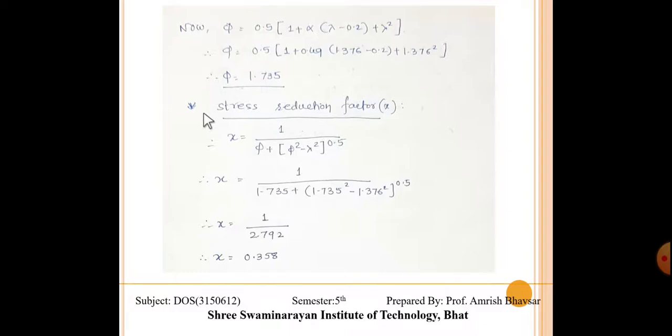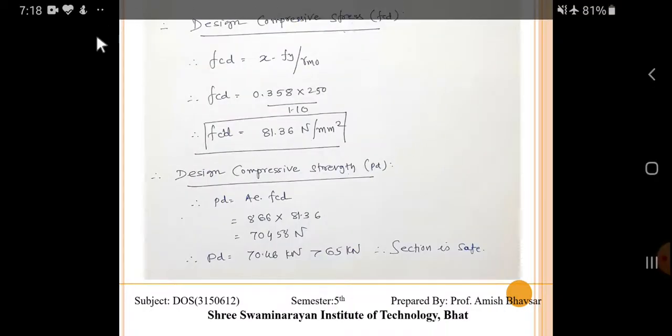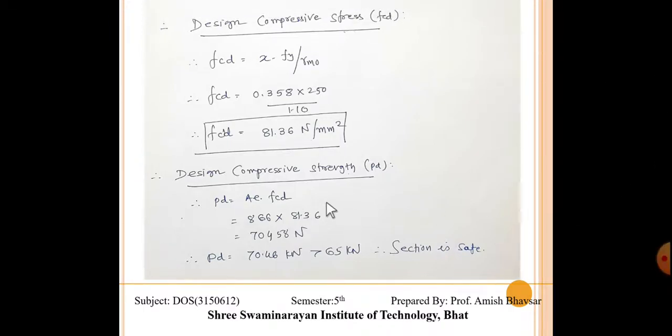So from this, stress reduction factor, X is equal to 1 upon phi plus the square root of phi square minus lambda square, raised to 0.5. After putting all the values, we will get X is equal to 0.358. Now put this value in our equation of FCD, that is given on page number 34.